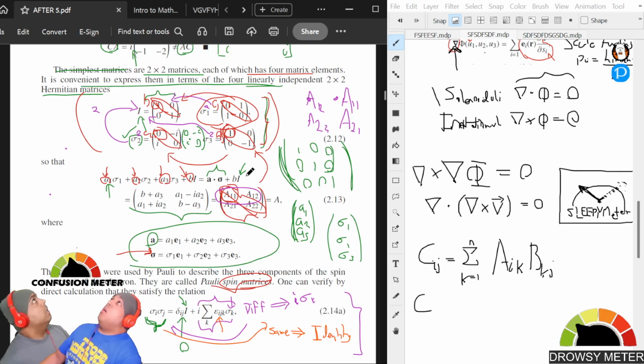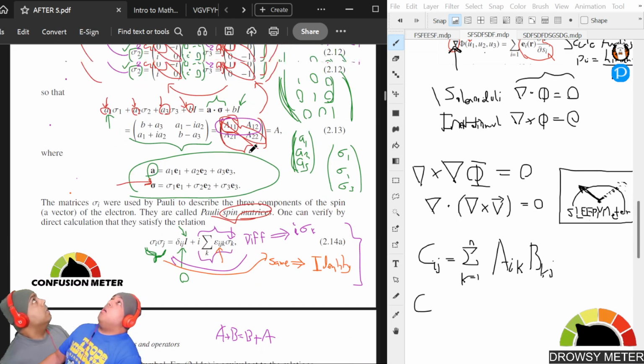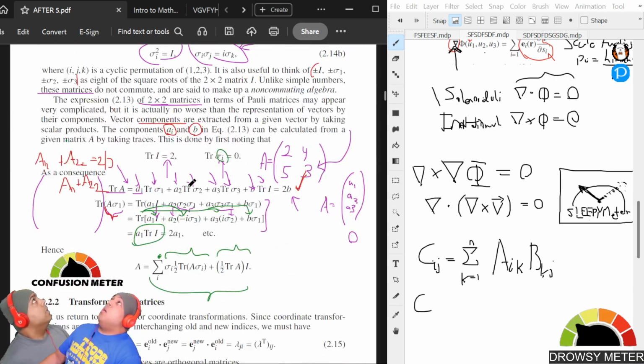So we basically just mirrored it. This came here, this came here. And the trace of this new guy is A1, 2, A2, 1.